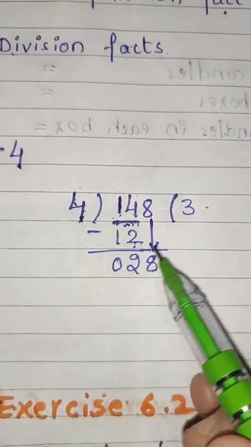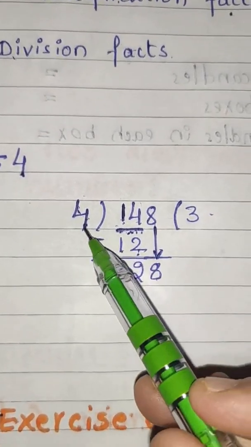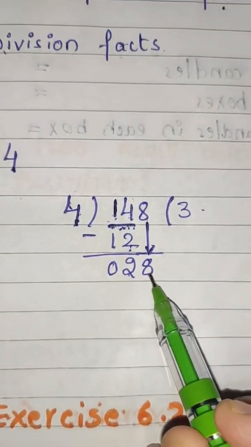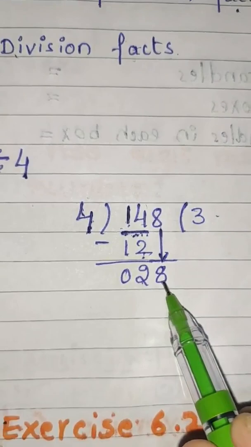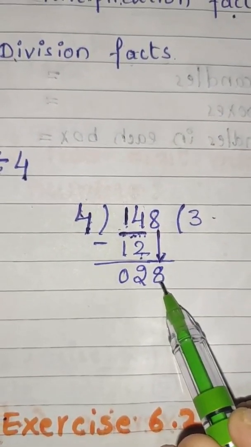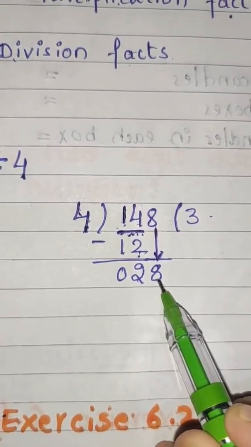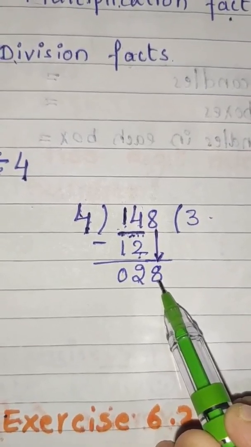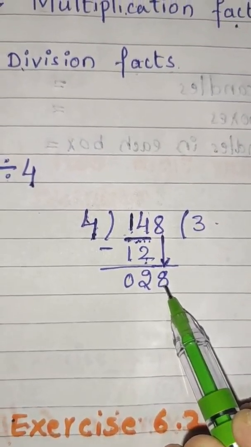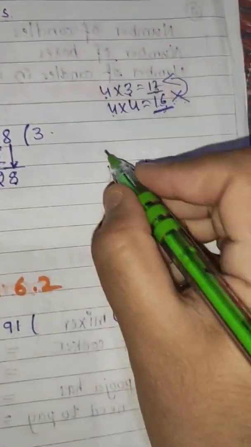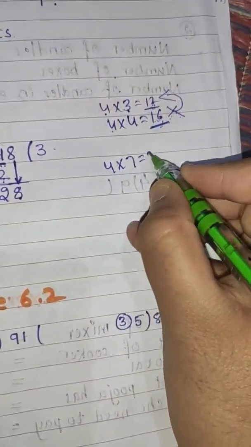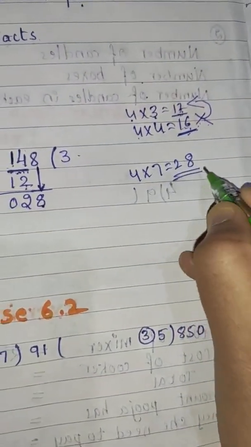Now children, count the table of 4 till you get the number 28 in that table. 4 ones are 4, 4 twos are 8, 4 threes are 12, 4 fours are 16, 4 fives are 20, 4 sixes are 24, 4 sevens are 28, right?